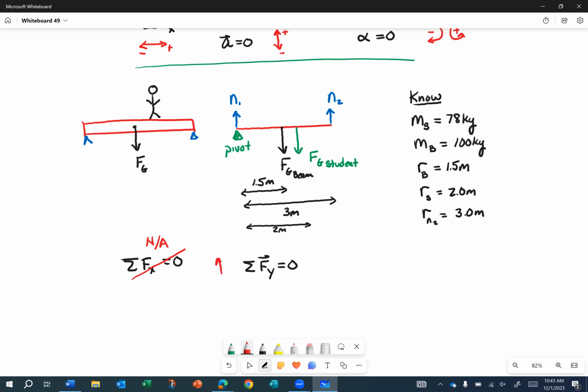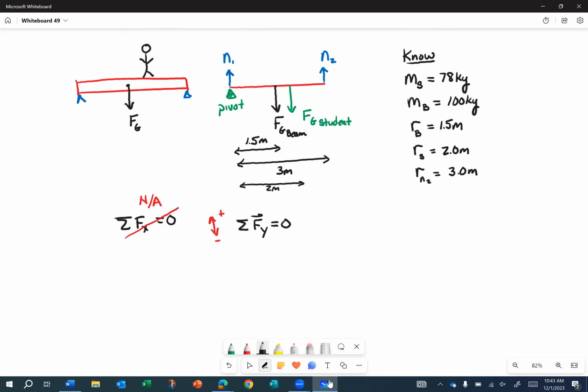Again, we're going to take up to be positive, down to be negative. So if I add up all of those forces in the y direction, looking at my picture, I'm going to have the force of gravity of the beam acting down, so negative the force of gravity of the beam, plus negative the force of gravity of the student, plus N2 equal to 0.